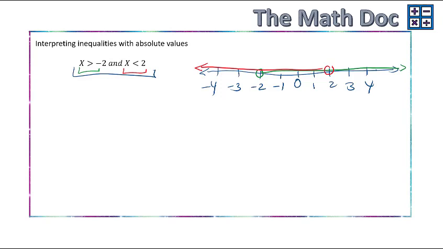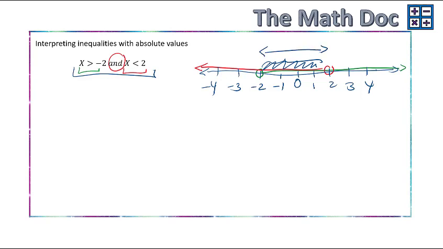Now, we have this and here, and as a reminder, when we have an and compound inequality, both inequalities have to be solved simultaneously. And that is the area where we have this overlap of red and green. So right here, or I will put it in blue on top.